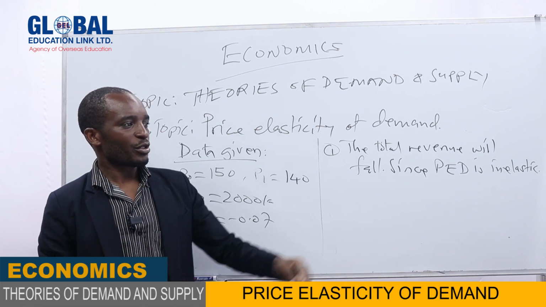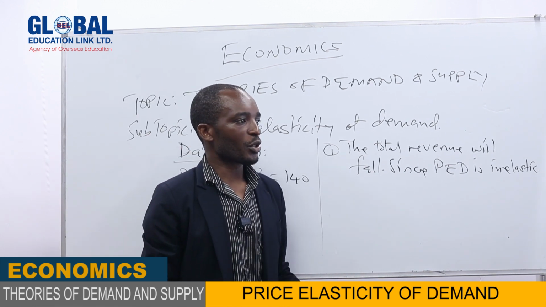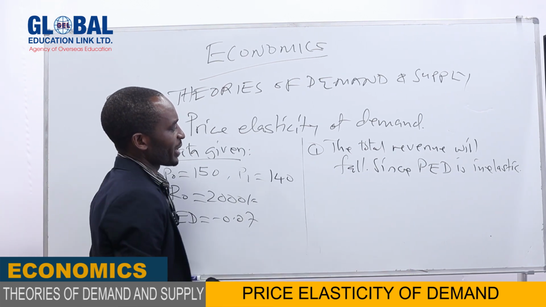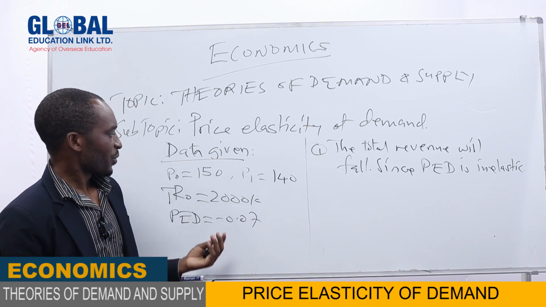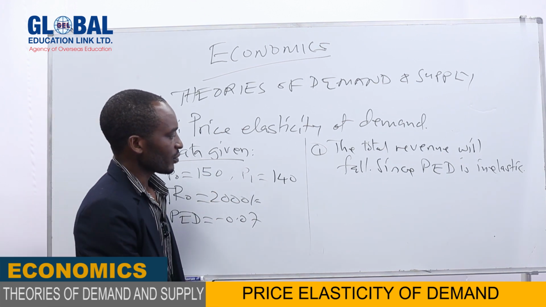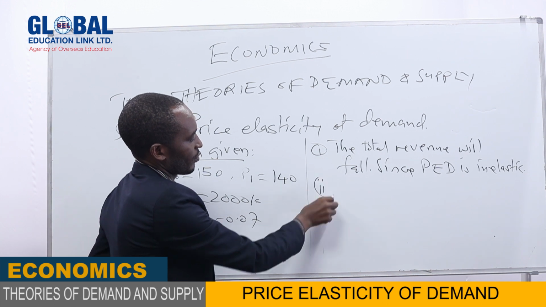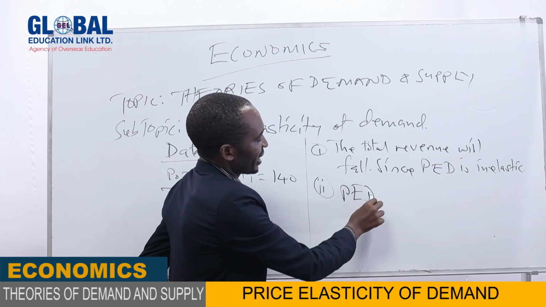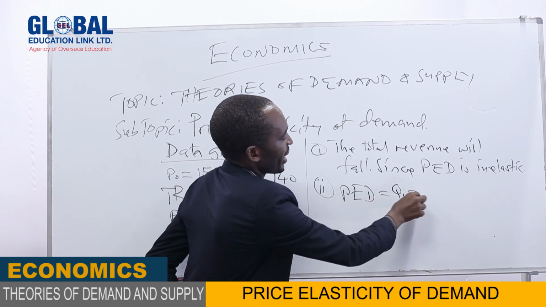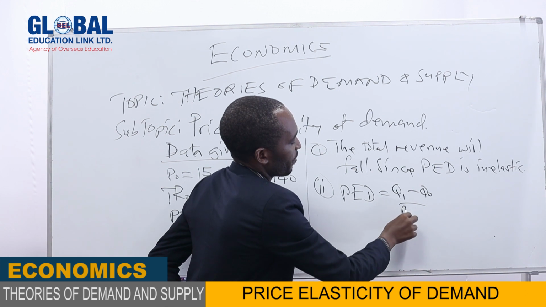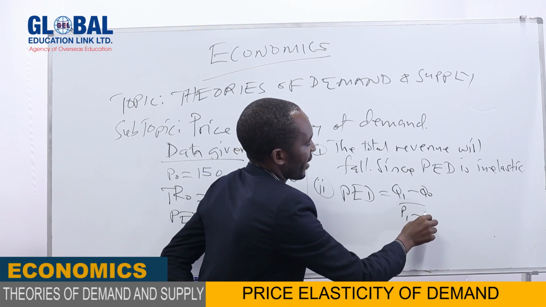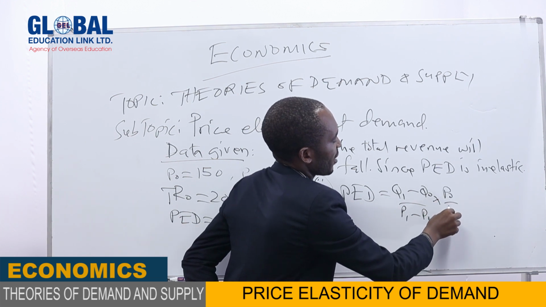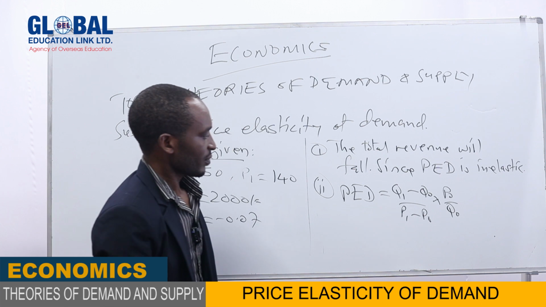So for case 2, calculate the exact magnitude of its new total revenue. Now, before we calculate, we need to have the information of Q0 and Q1. We know that price elasticity of demand equals Q1 minus Q0 over P1 minus P0, times P0 over Q0.